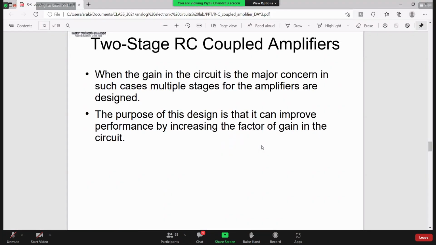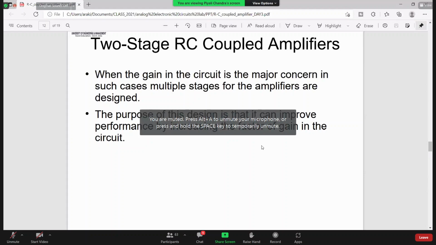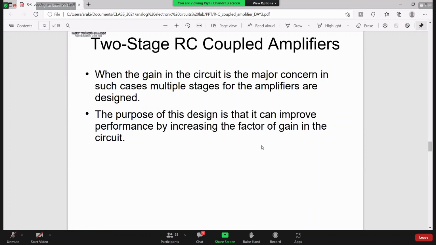Okay, now we'll start the two-stage RC coupled amplifier. So you already know what is one stage and what is the basic idea of the RC coupling. Now, if you add two one-stage RC coupled amplifiers, that will make it two stage.